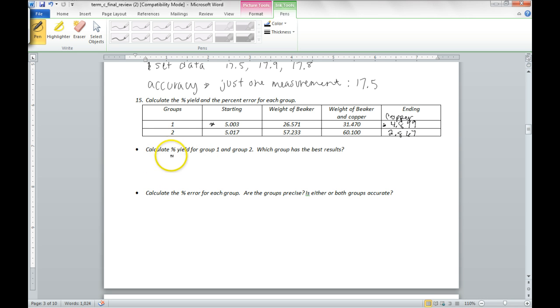Okay, so we're going to calculate the percent yield first. So percent yield is going to be our actual over our theoretical. Our actual is what we got in the experiment, and the theoretical is what we started with. So we should get 4.899 divided by 5.003. Plug it into your calculator: 4.899 divided, not times, by 5.003, and then times it by 100.